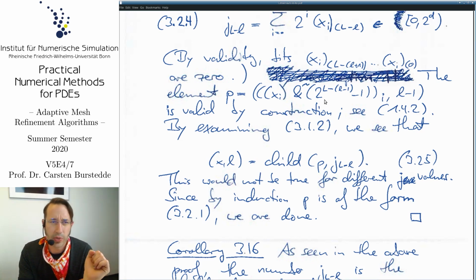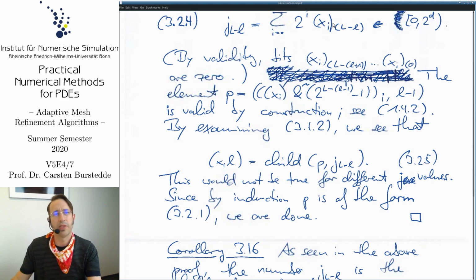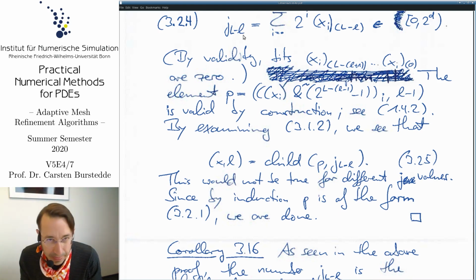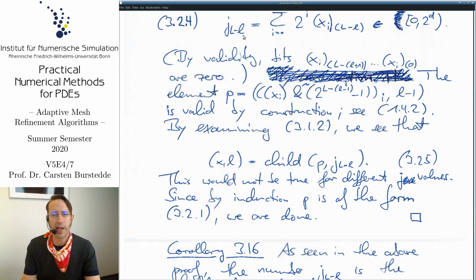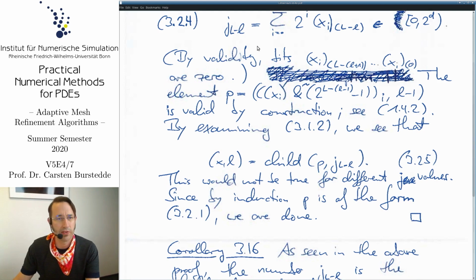And now we only have to compare the child call of p with the number j big L minus l, which we can always do as long as L minus 1 is not big L, but that is clear from our construction here. And we see that it is always the same thing. So x and L is by definition of the child function the j L minus little l child of p.